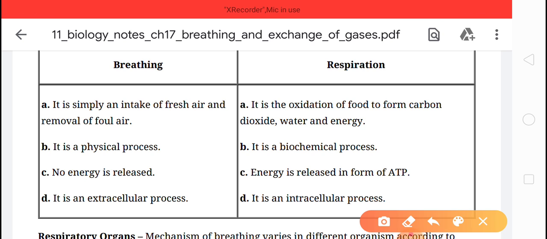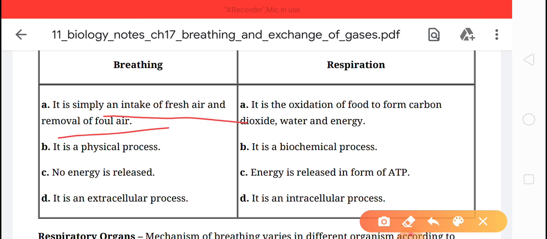Breathing is simply an intake of fresh air and removal of foul air. The fresh air we take inside the body of the organism, and the foul air, that is carbon dioxide rich air, is released from the body.